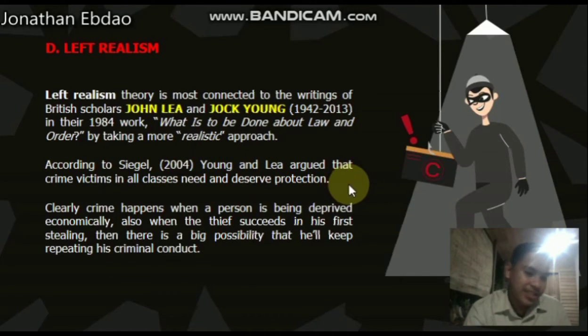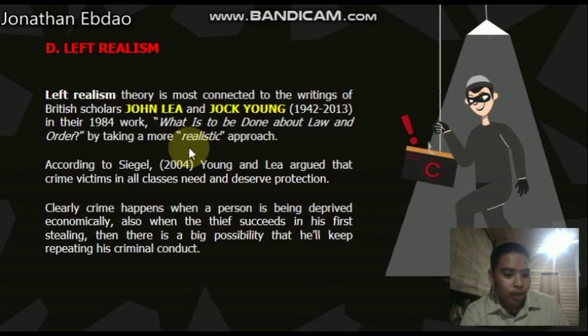Left realism theory is most connected to the writings of British scholars John Lea and Jack Young in their 1984 work, What Is to Be Done About Law and Order, which takes a more realistic approach. According to Siegel 2004, Young and Lea argued that crime victims in all classes deserve protection. Clearly, crime happens when a person is being deprived economically.